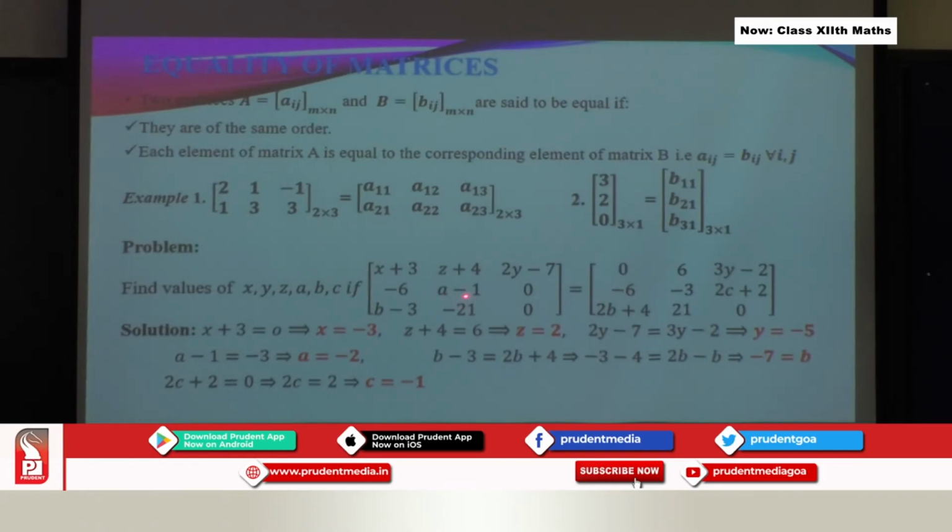Here a minus 1 equal to minus 3. I am writing this equation. From here I am getting a is equal to minus 2. Let's proceed further. Here 0 is equal to 0.